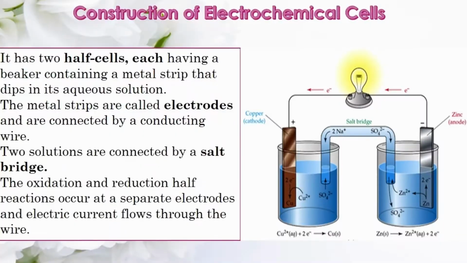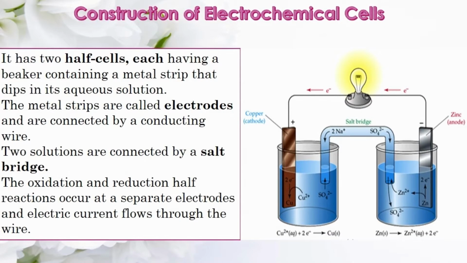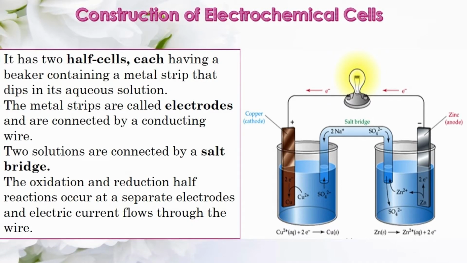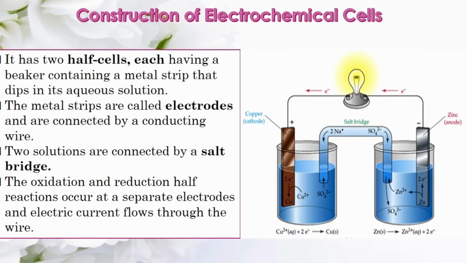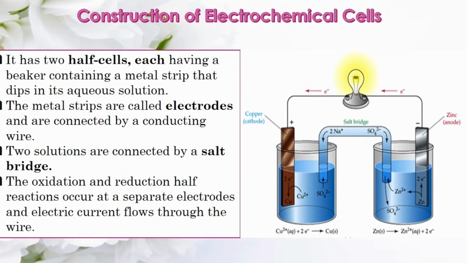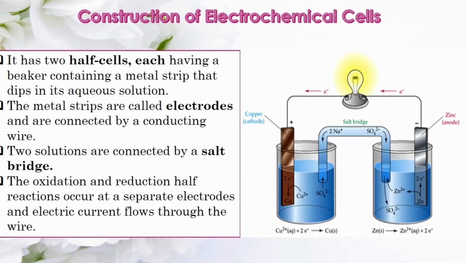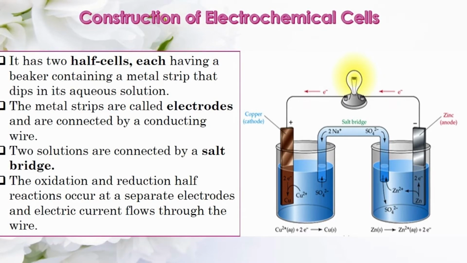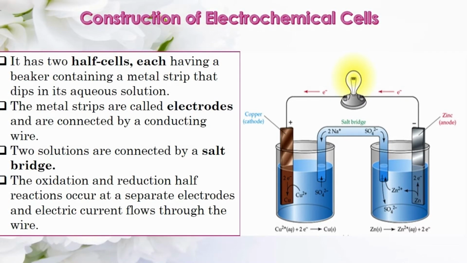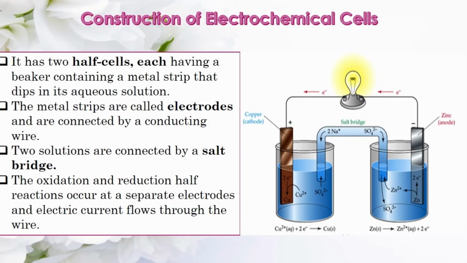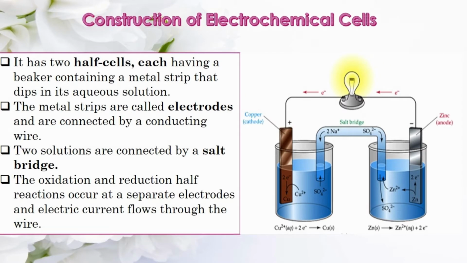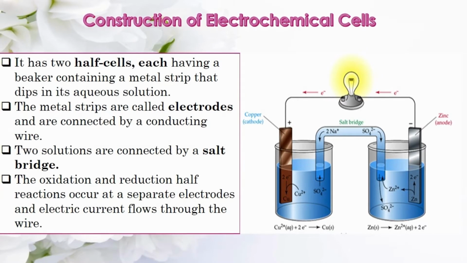Now let's see how to construct an electrochemical cell. In order to construct an electrochemical cell, we need two half cells. Half cells are nothing but a metal electrode dipped in its aqueous solution. Those metal electrodes will be connected by a conducting wire, and the two aqueous solutions will be connected by a salt bridge.